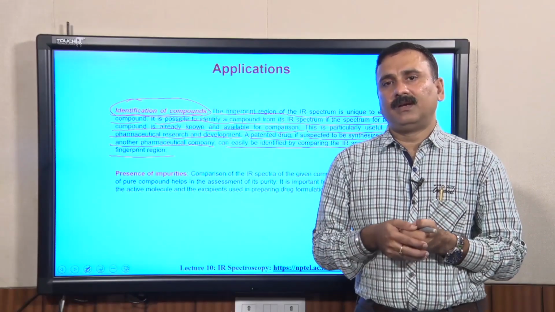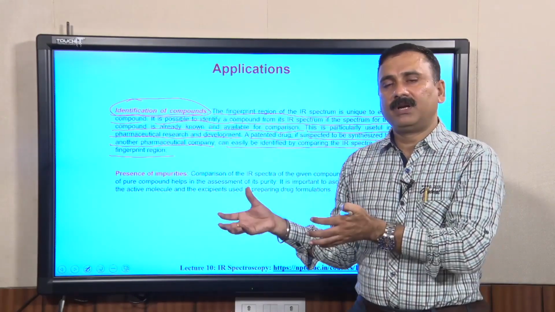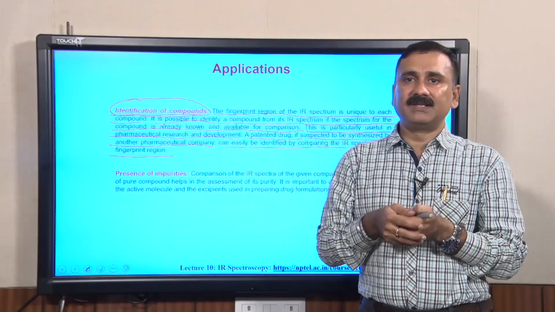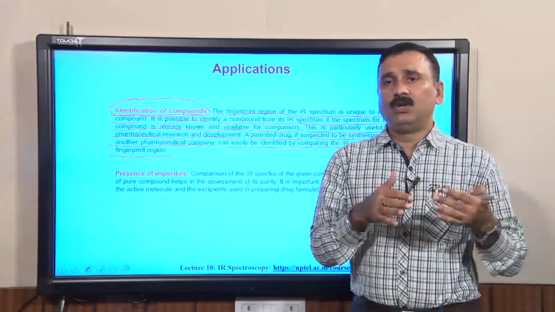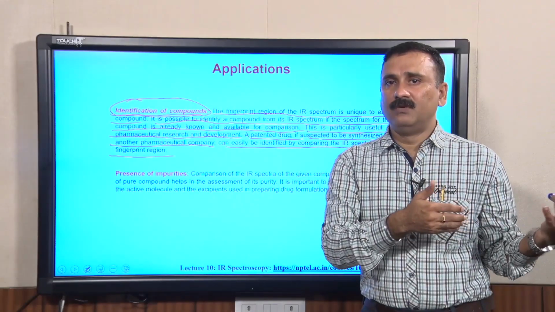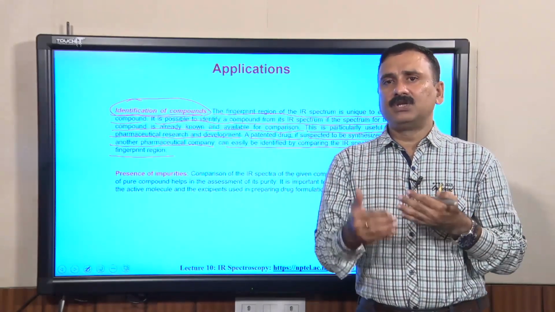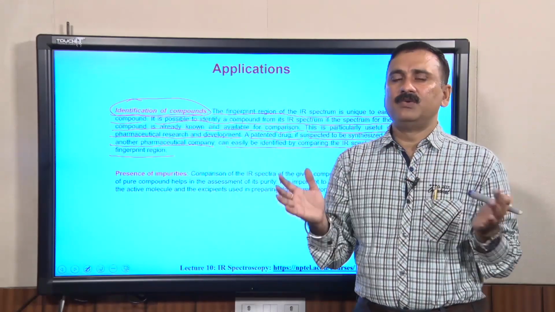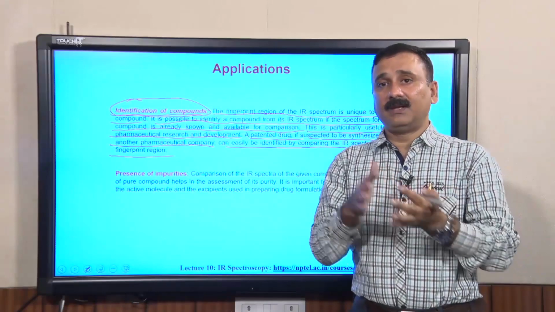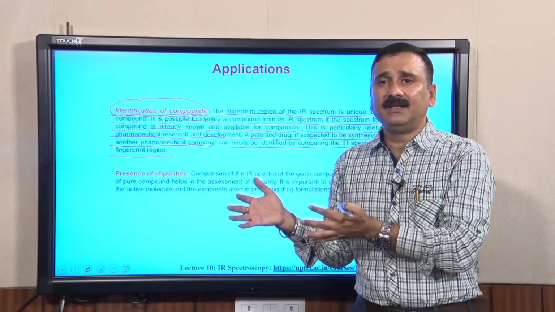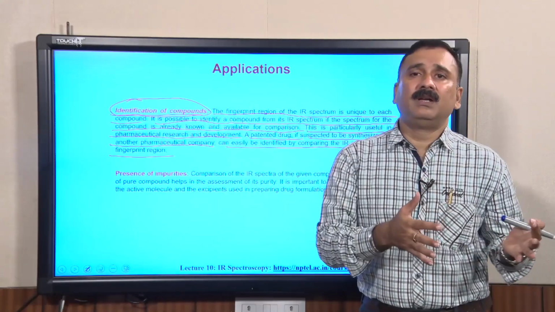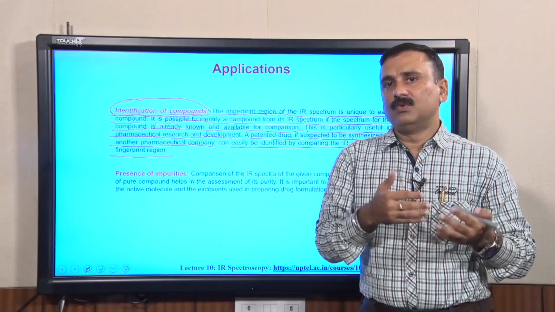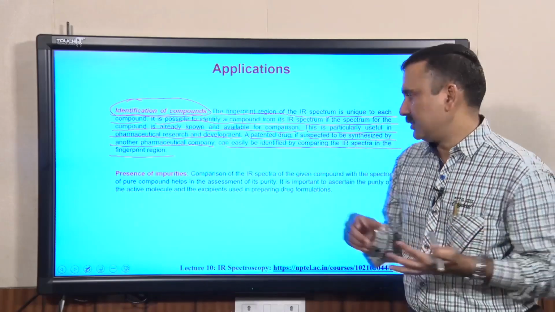In those cases you can easily procure that particular tablet, do a fingerprint analysis in the IR region, and compare it with your compound. That will tell you whether the two compounds are different or the same, because if the other pharmaceutical company is synthesizing the same compound without permission from the previous company, then you can find out that information.